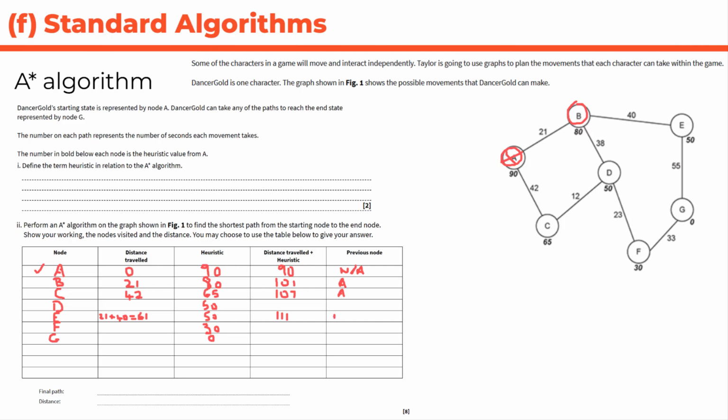How did we get there? We got there via the B node. What about D? Well, how much did it take to get to B? Forgot, 21. So 21 plus the cost of getting there now, which is 38. 21 plus 38 equals 59.